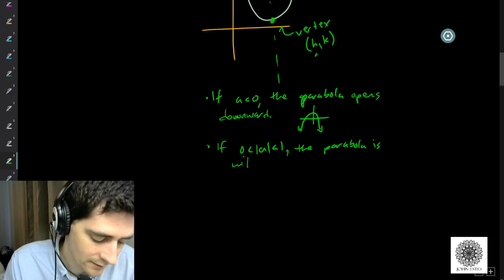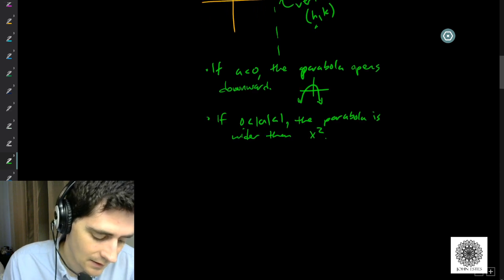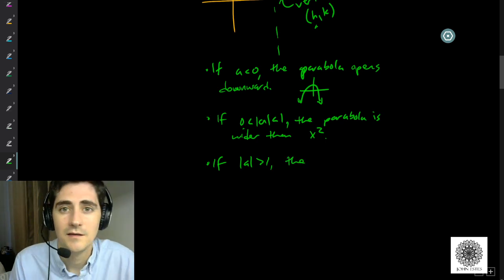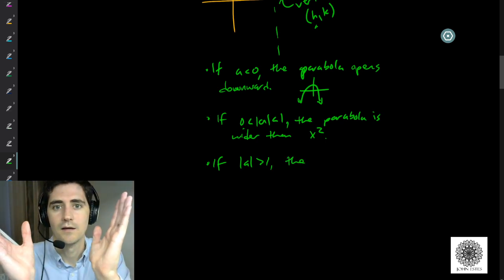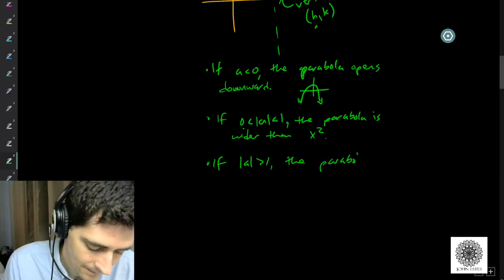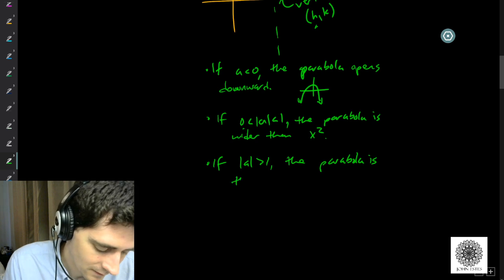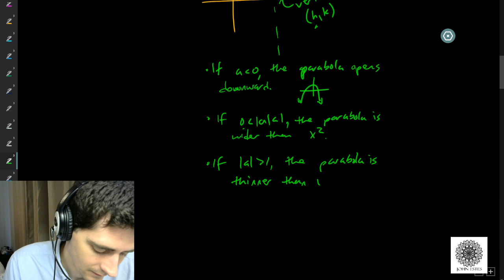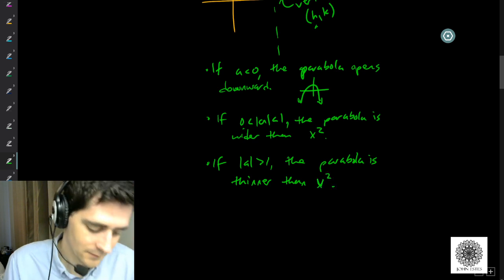We'll say wider than x squared. And if the absolute value of a is greater than 1, like when we said 15x squared, what happened? It kind of shrunk down like this. The parabola is thinner than x squared. All right.